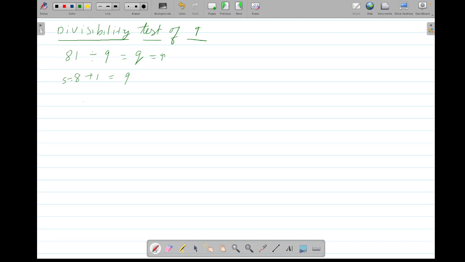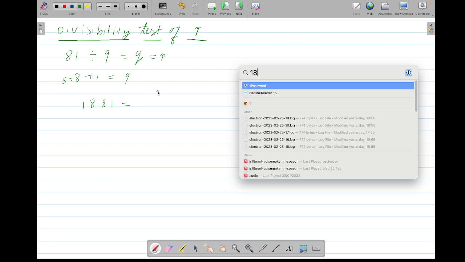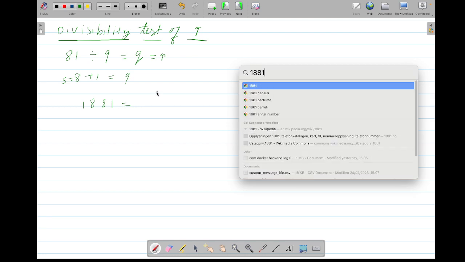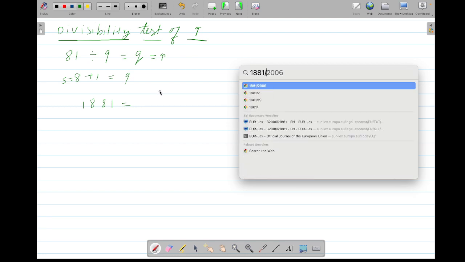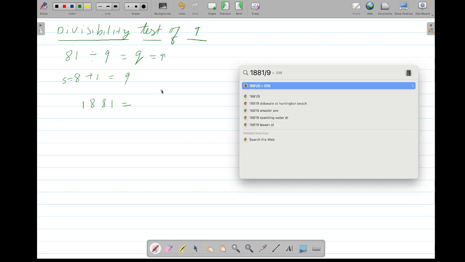So let's take another, bigger number. If you want to check if this number is divisible by 9 or not, how can we do that? The quotient is 209.